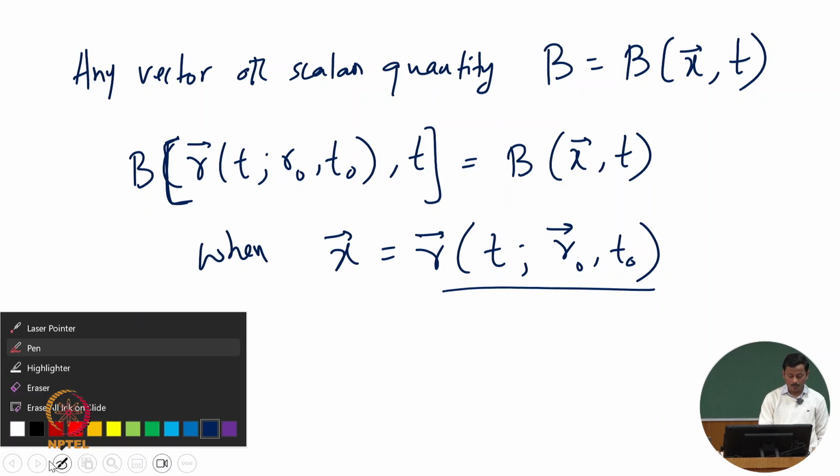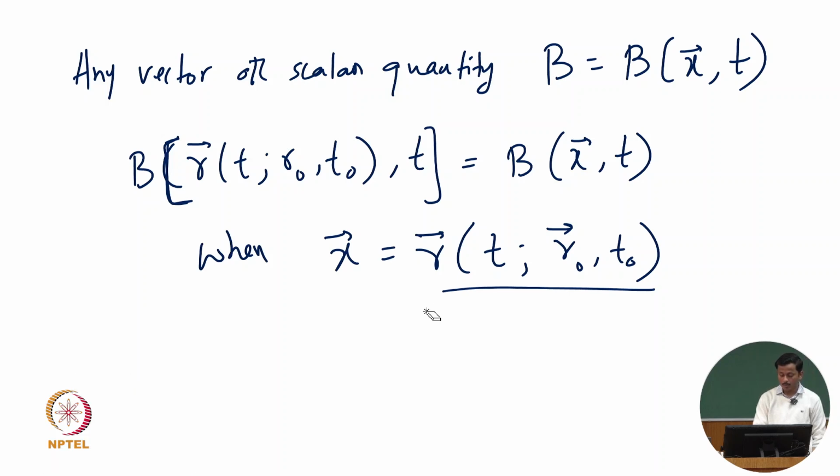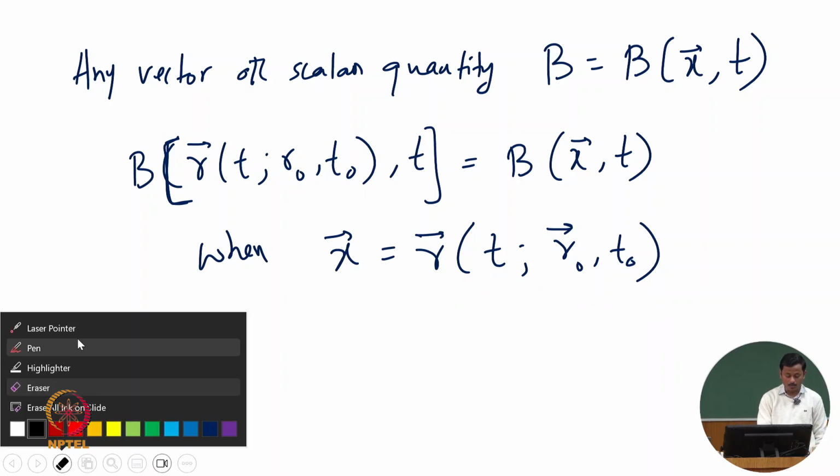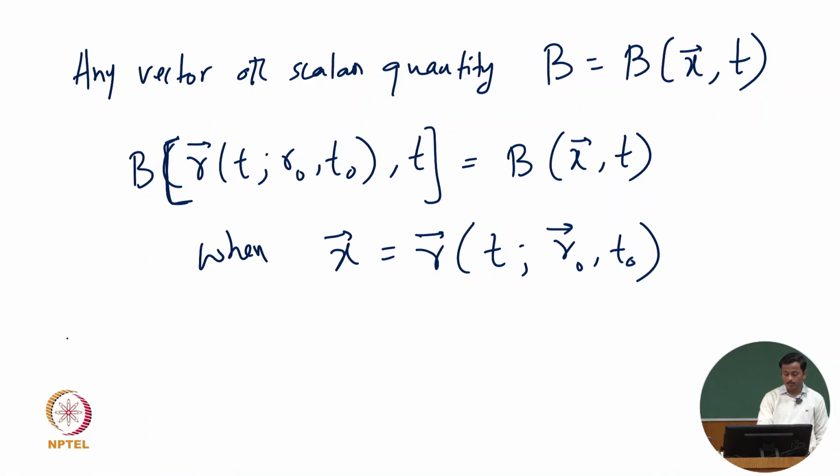I mean, the system does not care how you are measuring. It's just doing its thing based on the laws of physics. Because you have changed your measurement technique does not mean the physics of the problem changes.